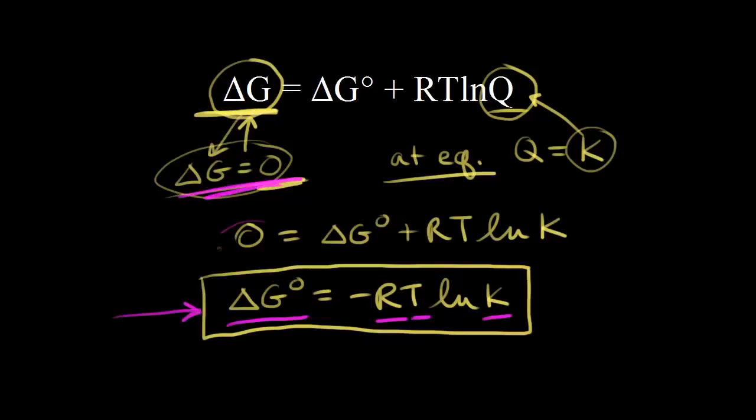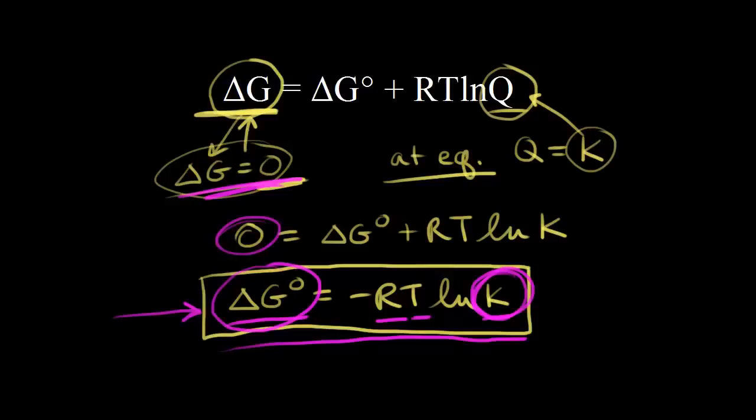Delta G is equal to 0. And we know at equilibrium, our equilibrium constant tells us something about the equilibrium mixture, right? Do we have more products or do we have more reactants at equilibrium? And this equation relates the equilibrium constant K to delta G0, the standard change in free energy.